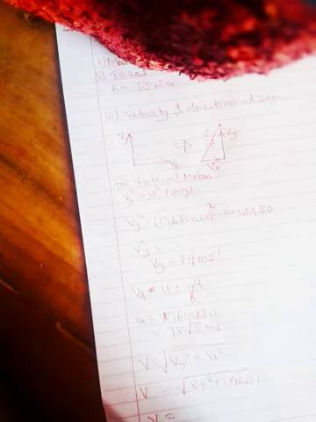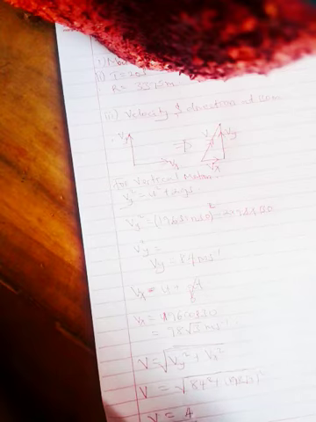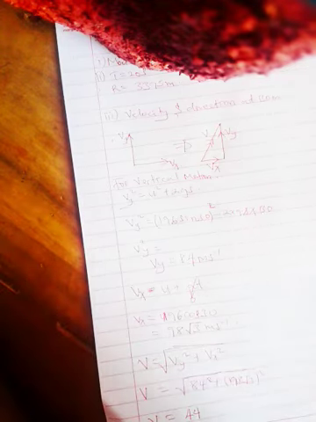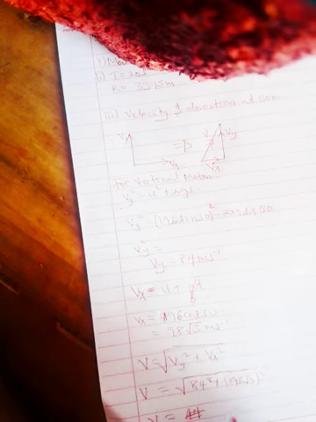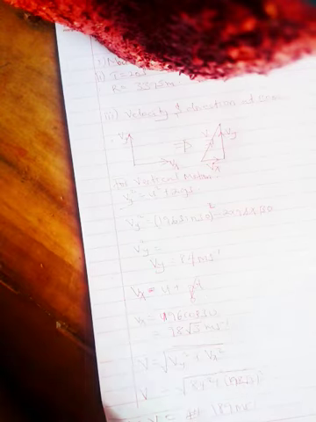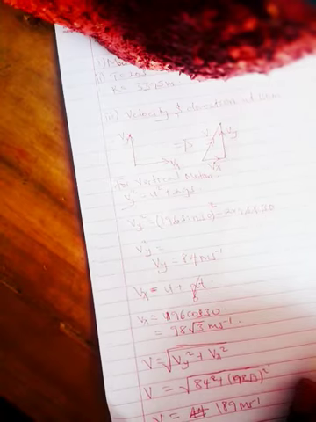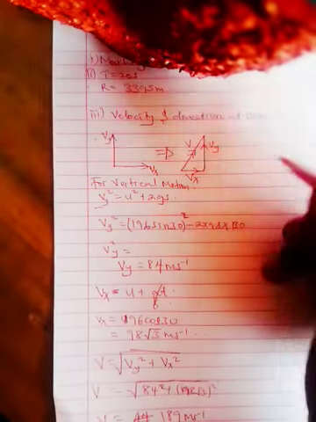Our V will equal to 198 meters per second. Now, if you are required to find the direction, still you can get this angle, the angle between these two, the V and the horizontal.